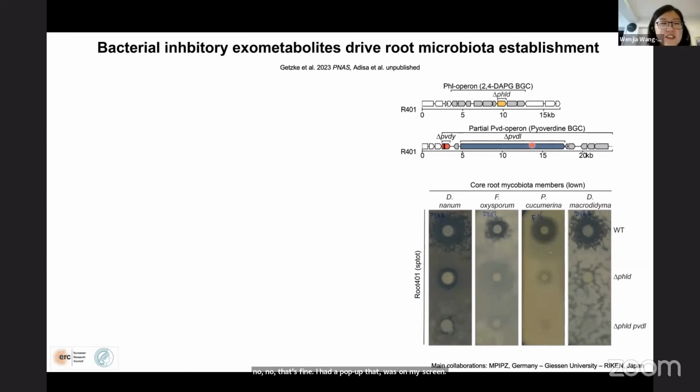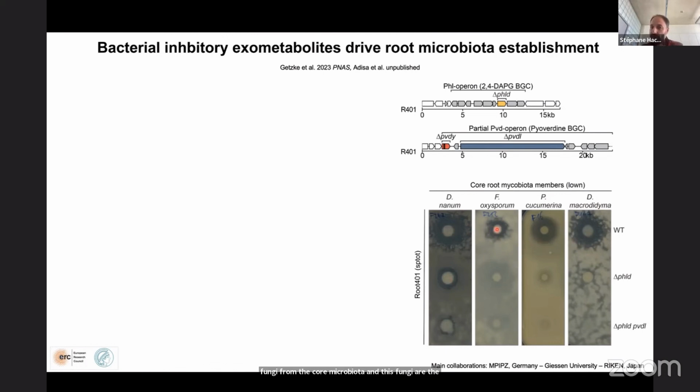Okay. So one very interesting observation is that these bacterial genetic determinants that are important for bacterial competition, we recently realized that they are also likely relevant in the context of bacterial-fungal competition. And what you can see now here in the lawn is different fungi from the core microbiota. And these fungi are detrimental again in monoassociation.